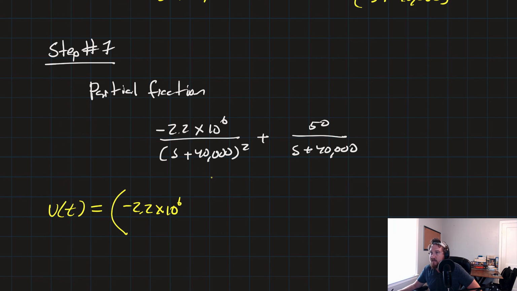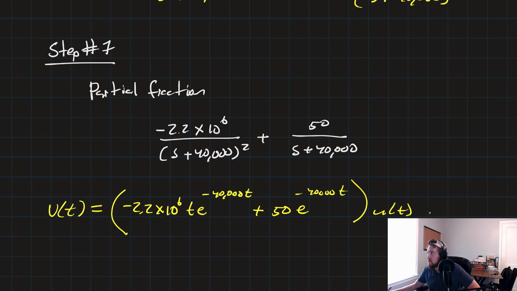It's S plus 40,000 squared, so it's t e to the minus 40,000 t plus 50 e to the minus 40,000 t times u of t in volts. And there we go, there's our final answer.